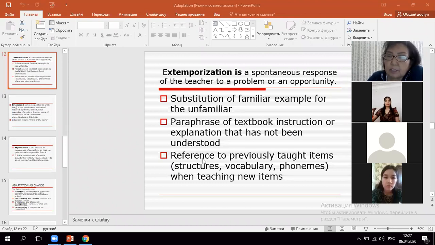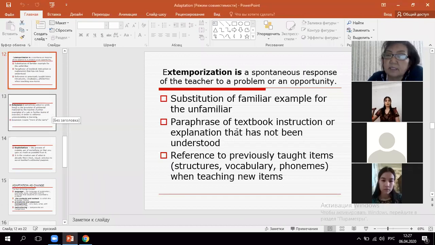And the third is reference to previously taught items, structures, vocabulary, phonemes, when teaching new items. Again, most of the teachers usually use this kind. When teaching new items, we usually refer to the previously taught items, for example, nouns, verbs, yes. So these kind of things are called extemporization, spontaneous response.